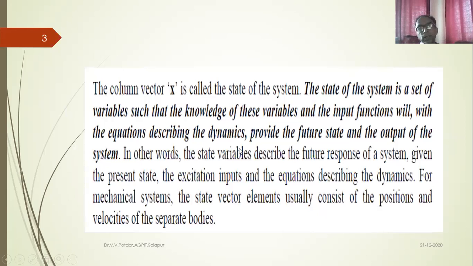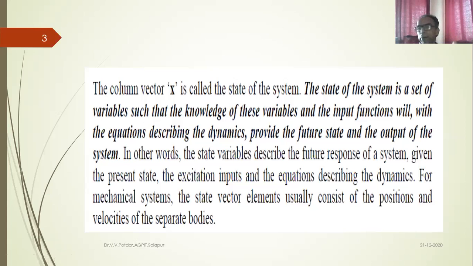So by solving these equations, what am I doing? Future state means I am predicting the performance of the system by solving these state space equations. In other words, the state variables describe the future response of the system given the present state. I have to give the present state and then predict the future state.